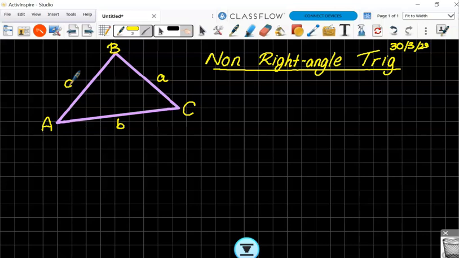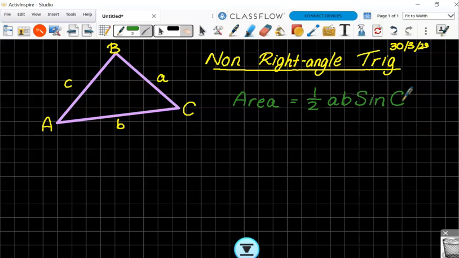So the first rule that we are going to look at is how to work out the area of a non-right angle triangle: half ab sine C. And you might be going, well, hang on, I have a formula for the area of a triangle. What's the formula for the area of a normal triangle?